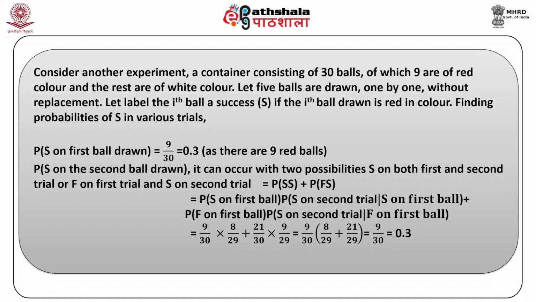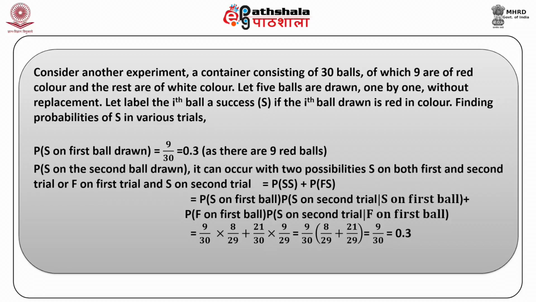Now this is equal to the probability of S on the first ball into the probability of S on the second trial given S on the first ball, plus the probability of F on the first ball into the probability of S on the second trial given F on the first ball.